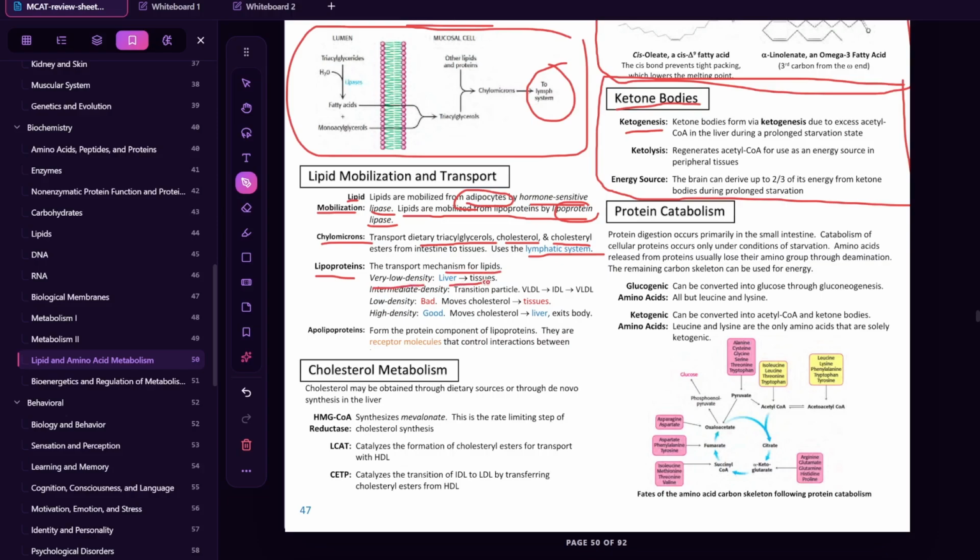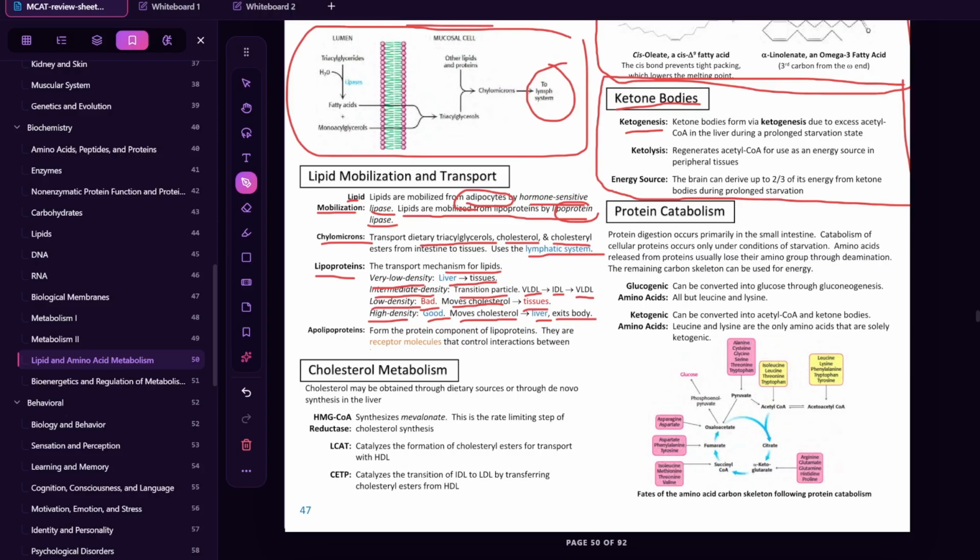Very low density is delivered to tissues. Intermediate density is a transition particle, VLDL to IDL to LDL, but low density is bad, so it moves cholesterol into your tissues. High density is good, it moves your cholesterol into your liver and will exit the body. So basically you can think of lipoproteins as the transport mechanism for lipids.